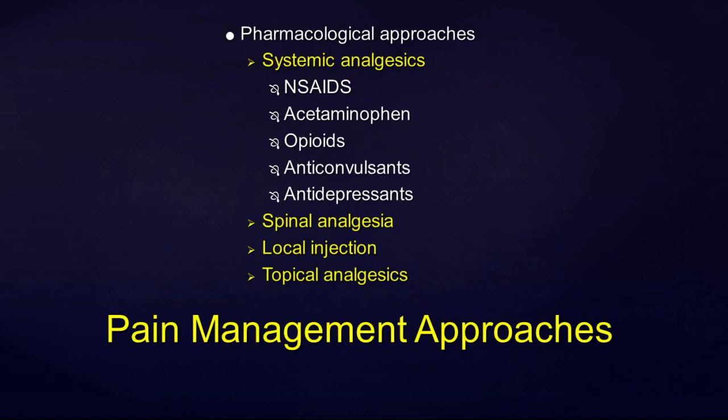A lot of times that happens when they're doing surgery. Instead of doing a general anesthetic, they do what they call a spinal block, where they block at a certain level, and it's better because it's not as damaging to your system. Local injection, where you get a cortisone injection in your knee, or topical analgesics, things that you apply to your skin.